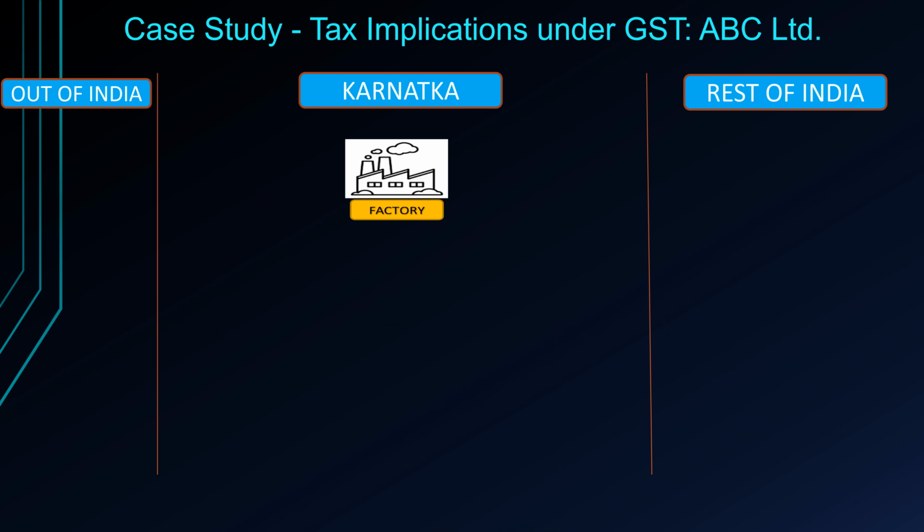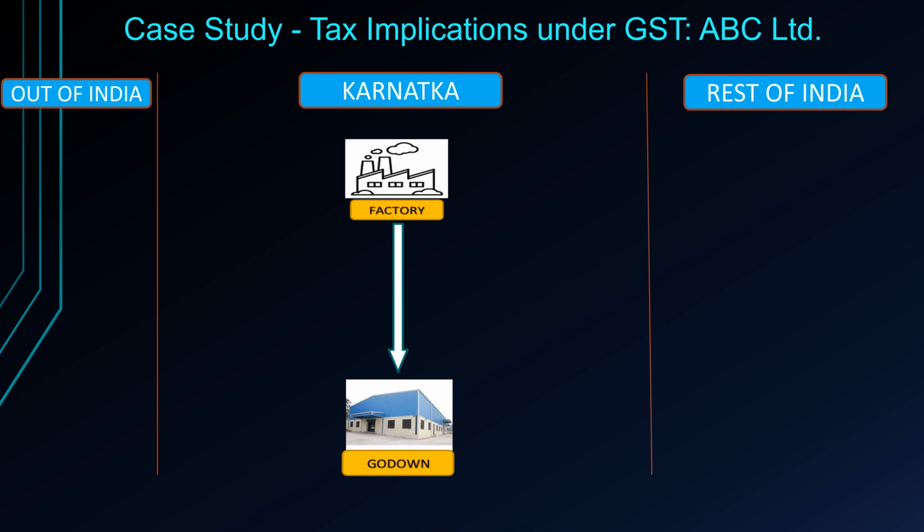Now the transactions that can happen within Karnataka would be with its own other branch office or a godown situated in Karnataka and not registered with another registration in GST. All these transactions with your own branch would be out of the purview of GST. Now there could be transactions with customers within Karnataka.